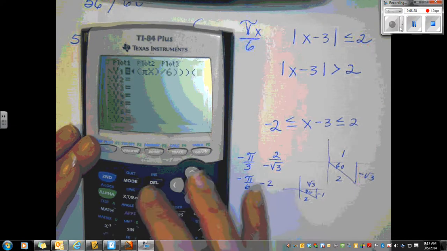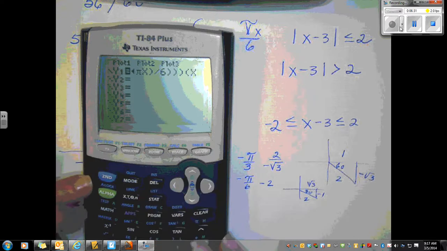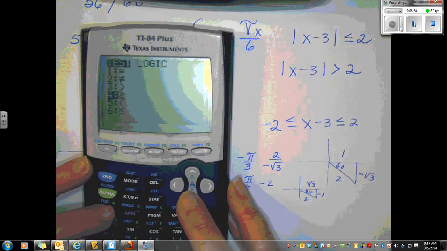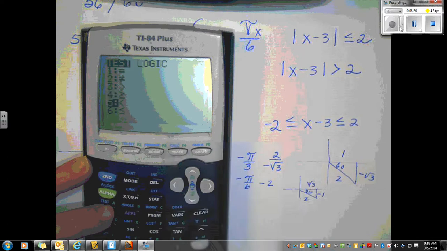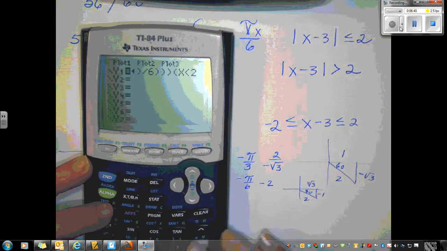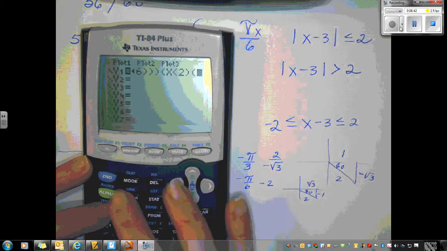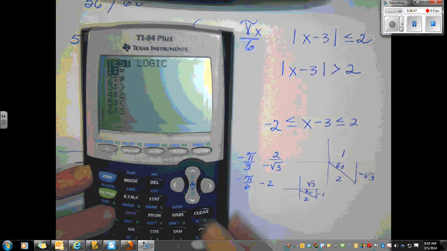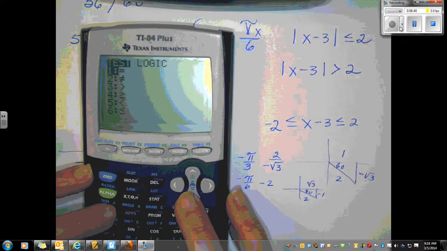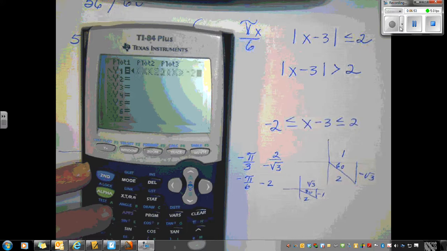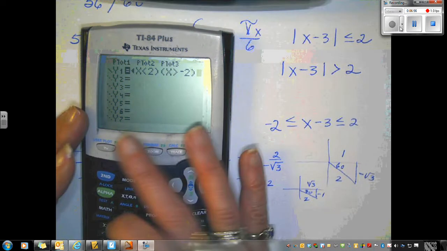Then I have to do parentheses, x is less than 2, parentheses, x is greater than negative 2.